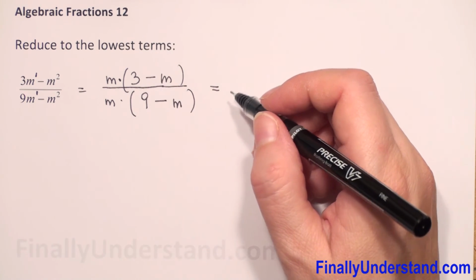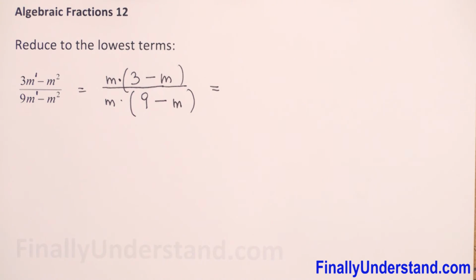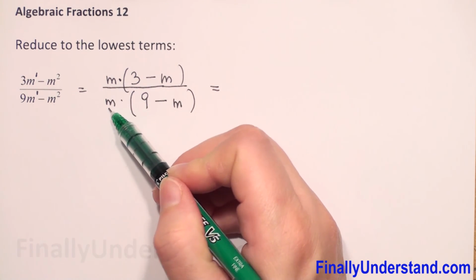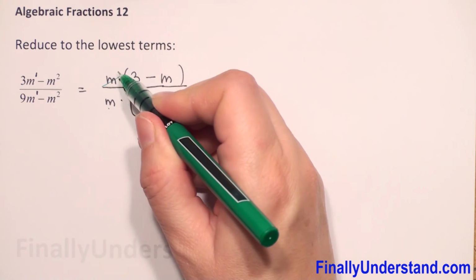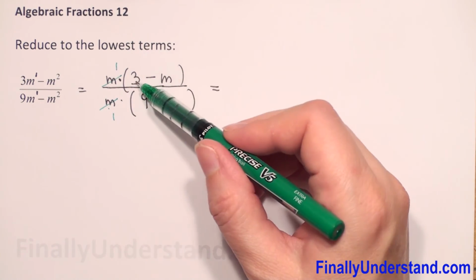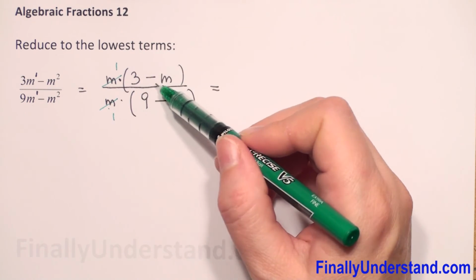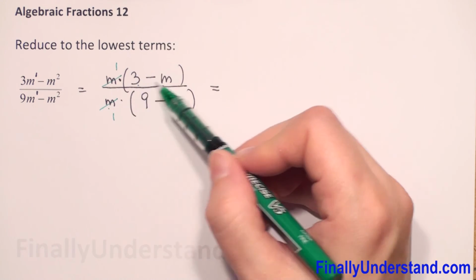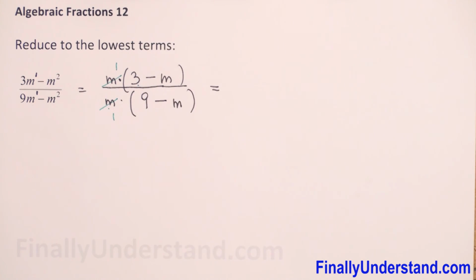So now you have multiplication, and before the parentheses in the numerator and denominator we have m and m. So we can reduce m and m, and we have 1. And now in parentheses we have different numbers, 3 and 9, so we cannot reduce anything.